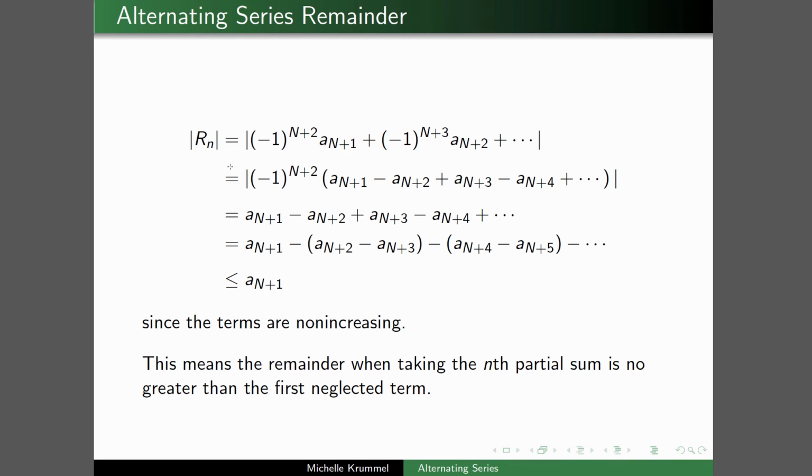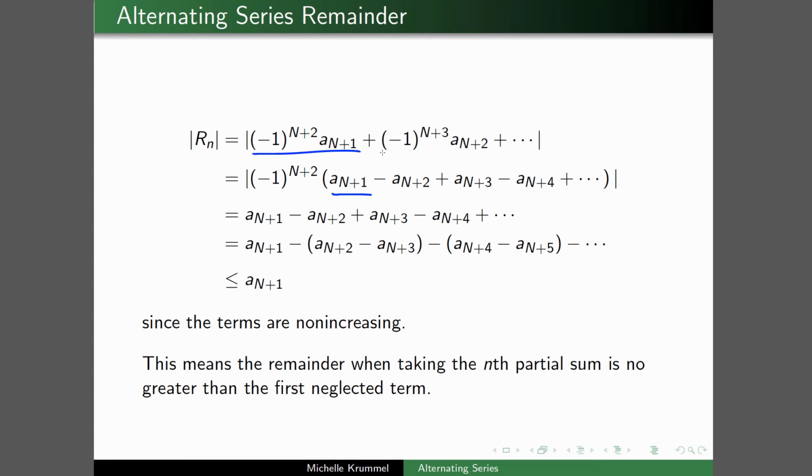Now I take the absolute value of both sides, and on the right-hand side we're going to factor out negative 1 to the n plus 2. When I factor out negative 1 to the n plus 2 from this first term, I'm just left with a sub n plus 1.